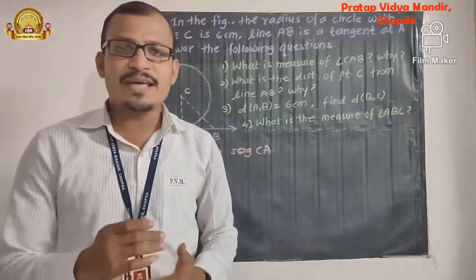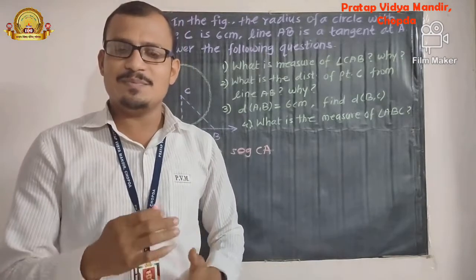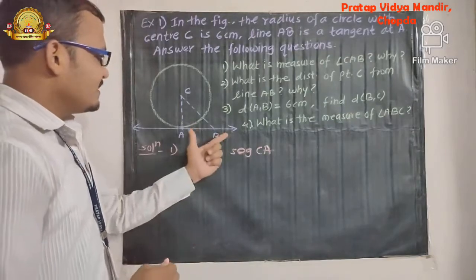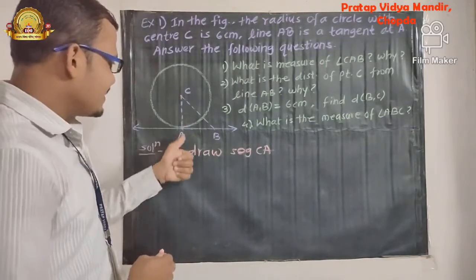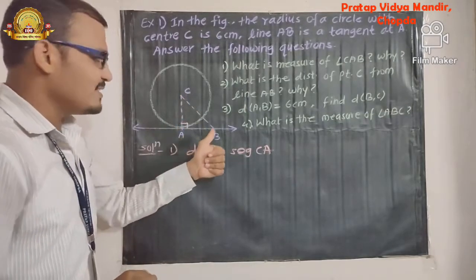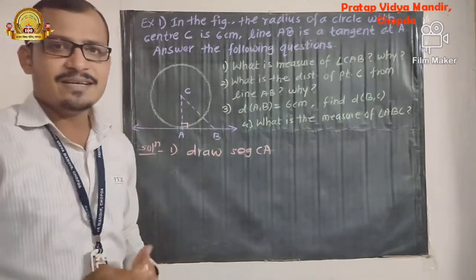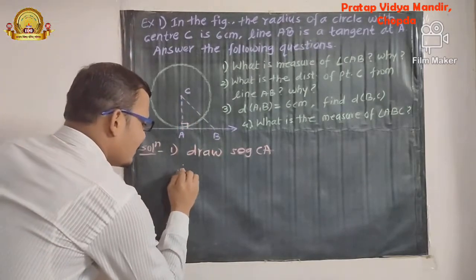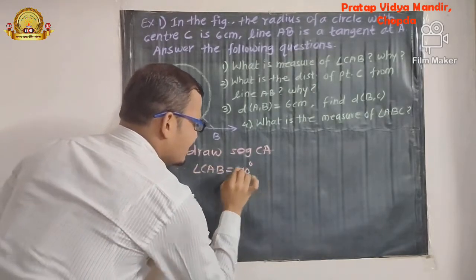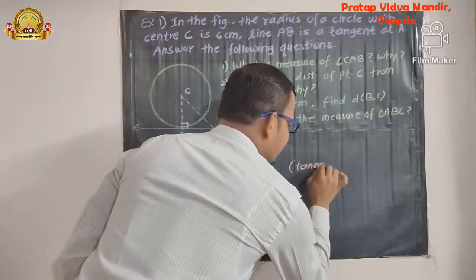And friends, we know that according to the tangent theorem, the tangent at any point of a circle is perpendicular to the radius at the point of contact, and here this tangent is perpendicular to this radius, and hence the measure of angle CAB is 90 degrees, because this angle CAB is a right angle. Therefore angle CAB is of measure 90 degrees according to the tangent theorem.